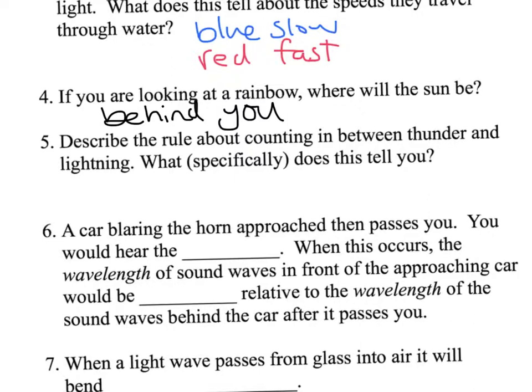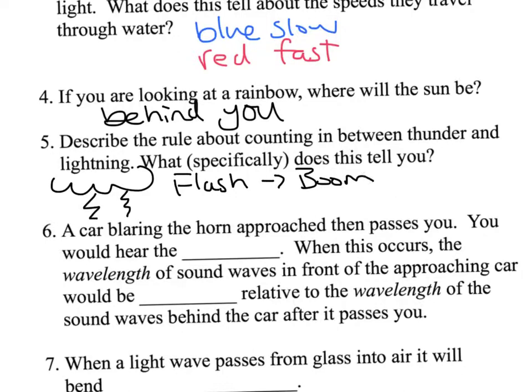5, describe the rule about counting. So here's thunder and lightning. When you hear the boom, well, first you're going to see the flash, and that is the lightning, and then you're going to hear the boom. And the boom is basically the sound of the spark.